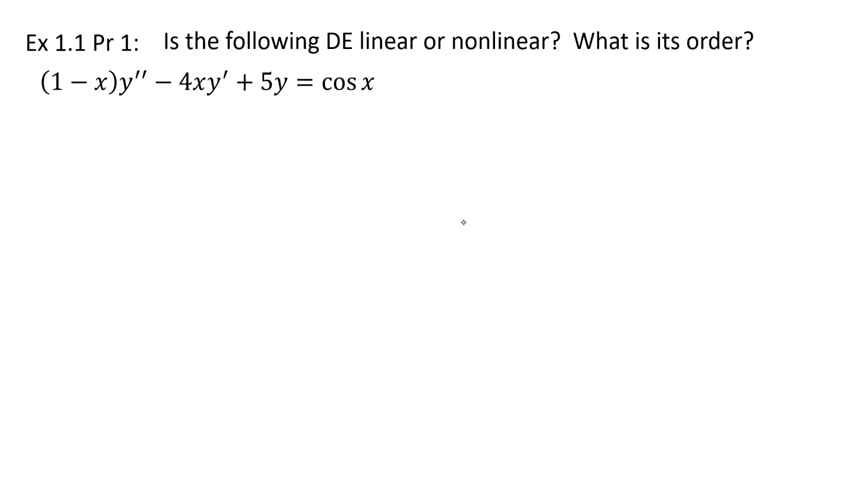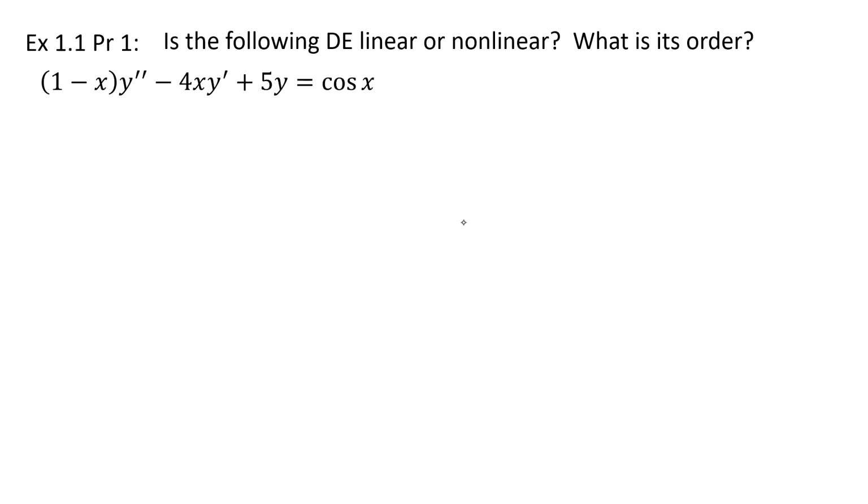Cool? All right. Now let's focus on the more important linear part of it. Is this a linear differential equation? Do we have all the y terms on the left-hand side? Yep. Do we have all pure x terms on the right-hand side? Yep, we do. Good. Now let's look at it.